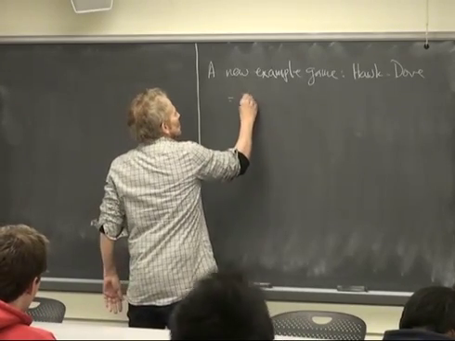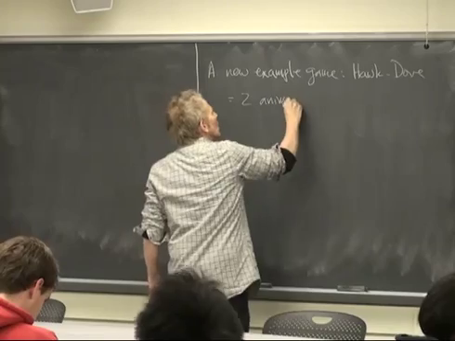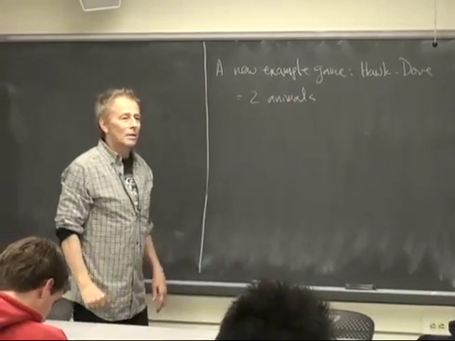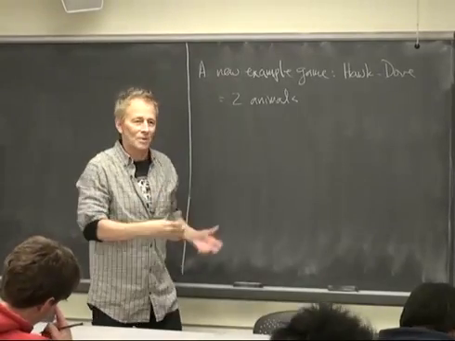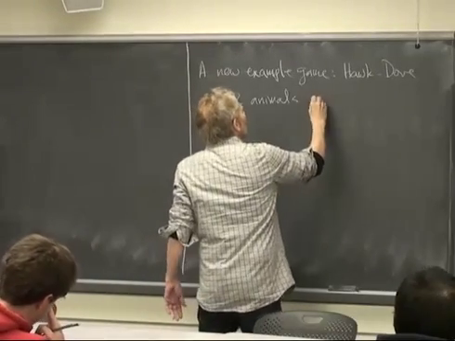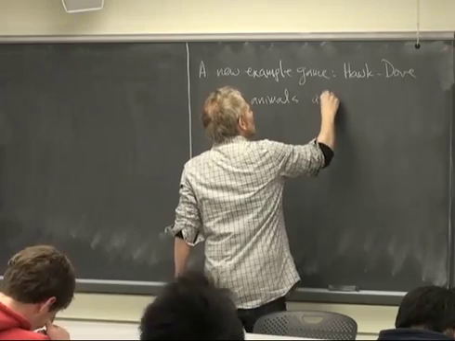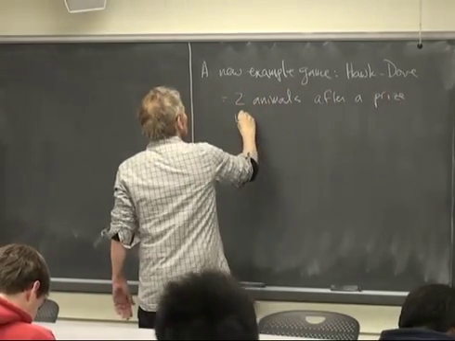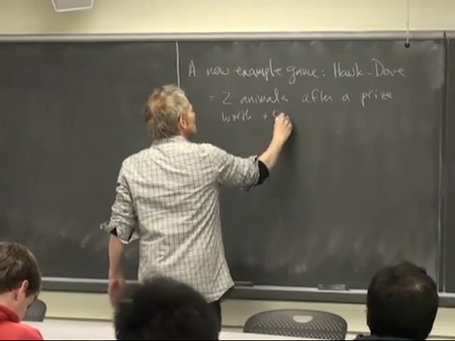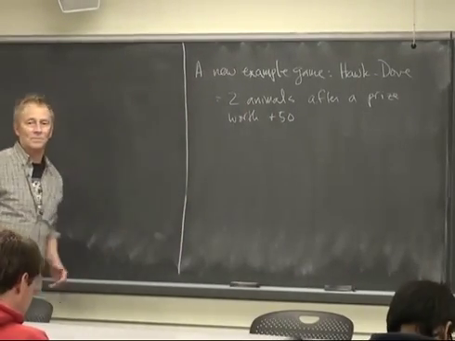You have two animals, and these animals could be human, or they could be non-human, whatever. They're both after a prize of some kind worth plus 50 in whatever units.